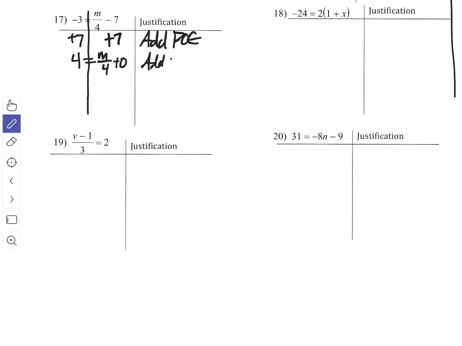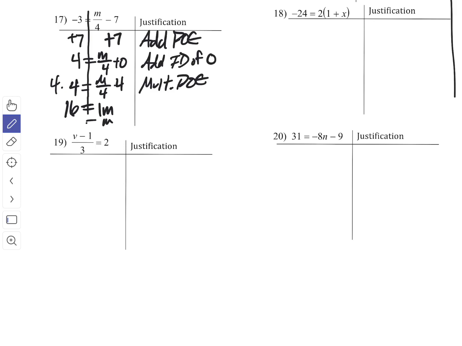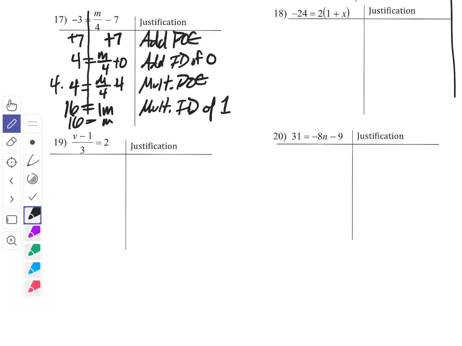Then we use that additive identity of 0, drop the 0, and we are going to multiply both sides by 4, right, to get rid of that fraction, giving us 1m equals 4 times 4 is 16. So use the multiplication property of equality. Then we drop the m because of that multiplicative identity of 1. And there we go.